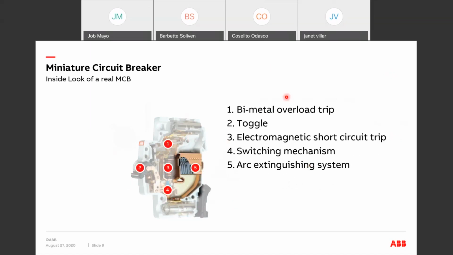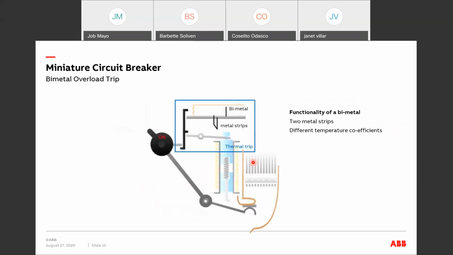So let's go into detail what functions these functional components have in order to complete the functionality of a miniature circuit breaker. First, let's take a look at the bimetal overload trip. Basically, the bimetal overload trip functions during overload. It's basically as easy as that.